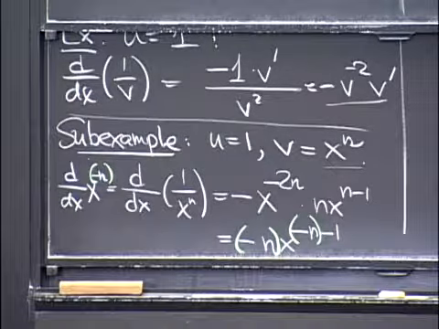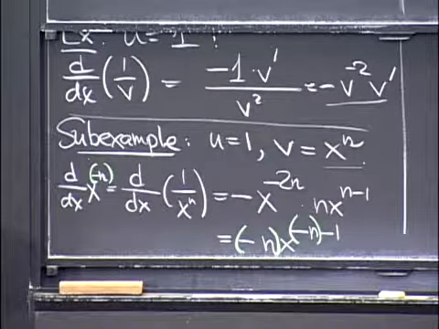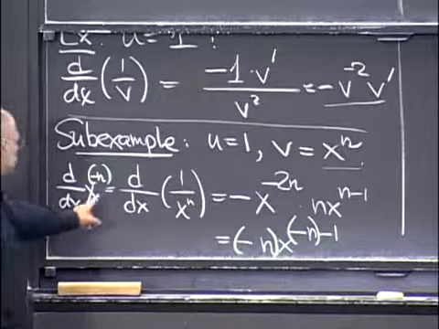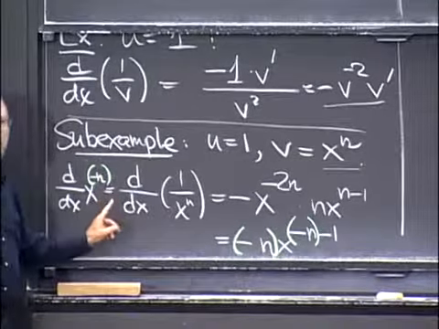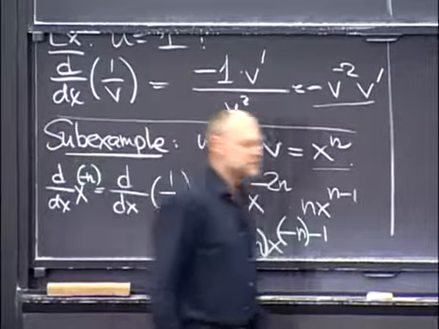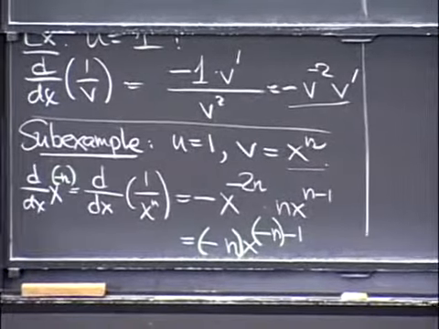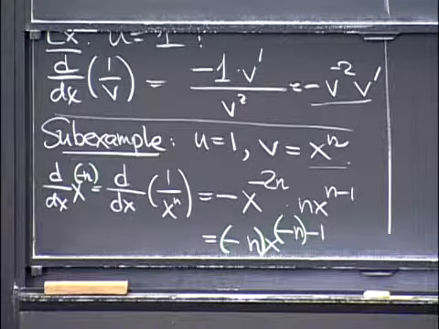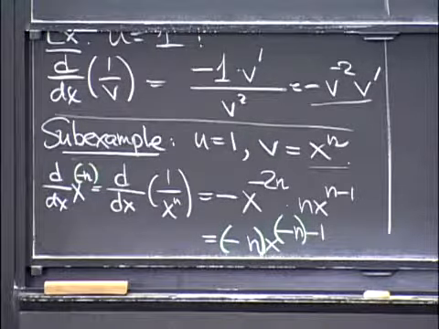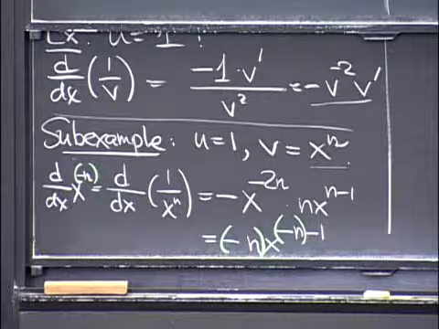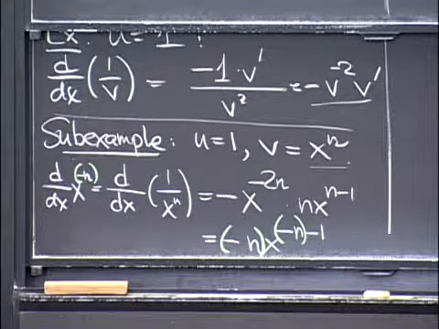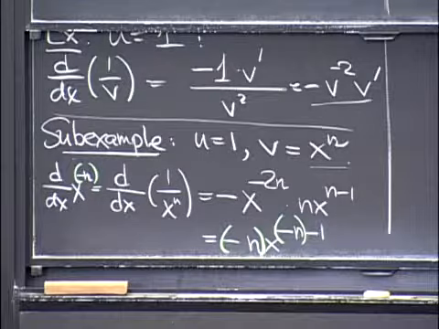Where did that x to the minus 2n come from?